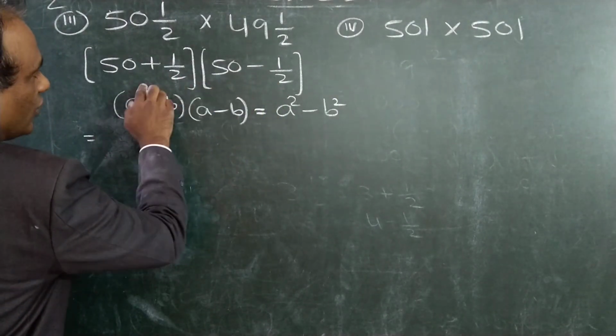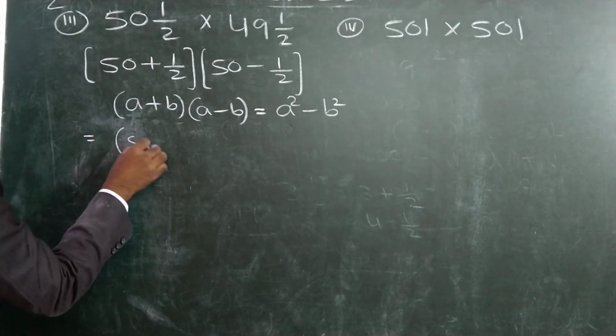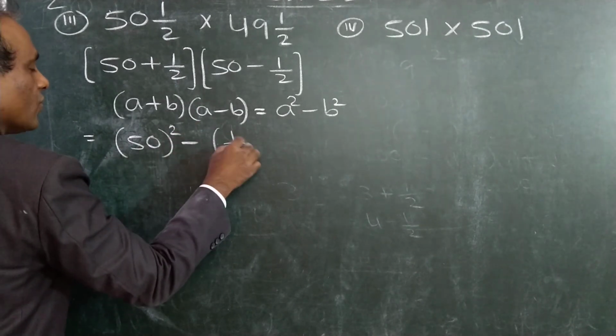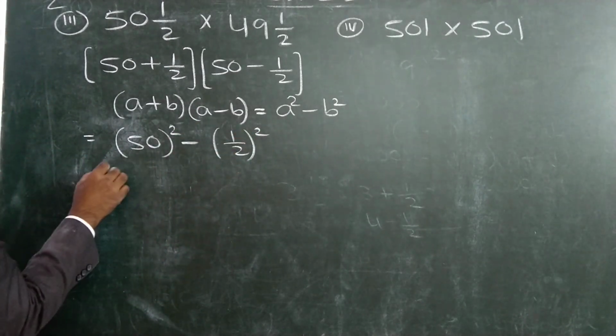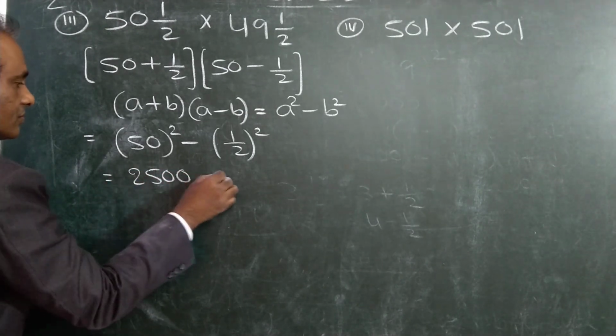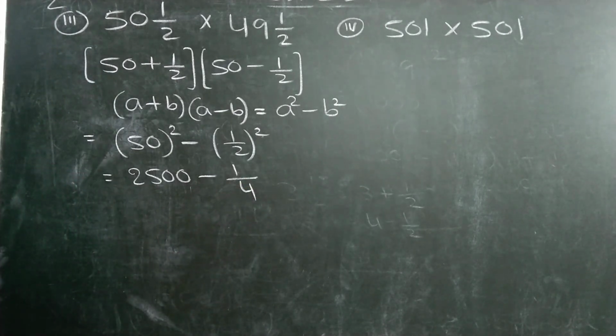So without actual multiplication, we can use this identity. a square minus b square: 50 square minus 1 by 2 square. 1 square is 1, 2 square is 4. 50 square is 50 into 50.